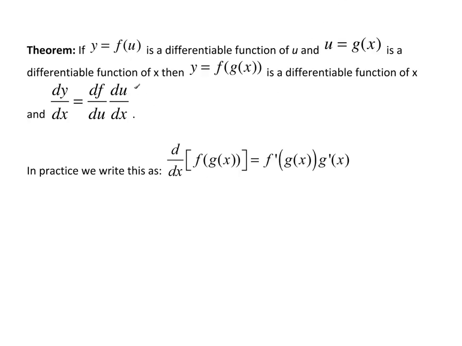If y equals f of u is a differentiable function of u, and u equals g of x is a differentiable function of x, then y equals f of g of x, there's my composite function I was talking about, is a differentiable function of x, and dy/dx, the derivative of y with respect to x, remember u is a function of x, equals, this should be a y, dy/du times du/dx.